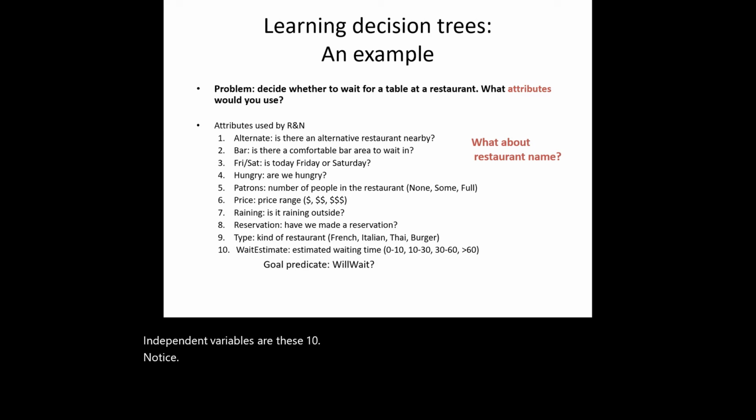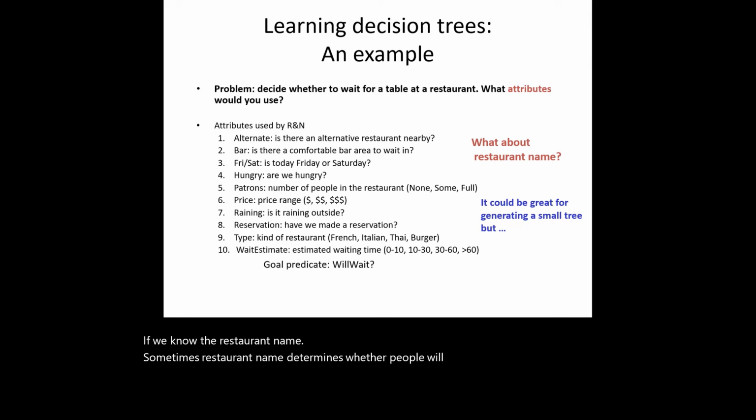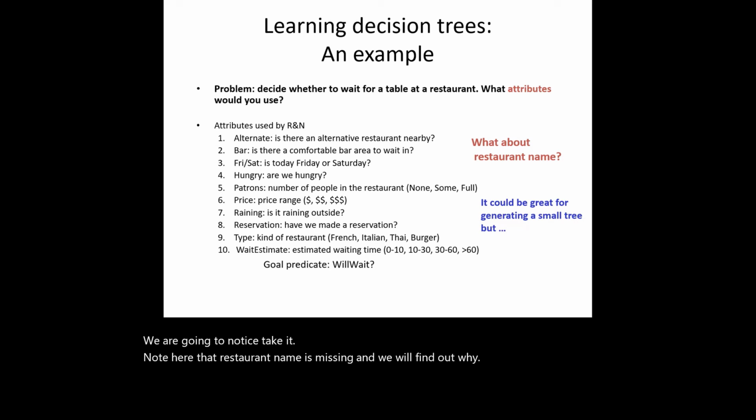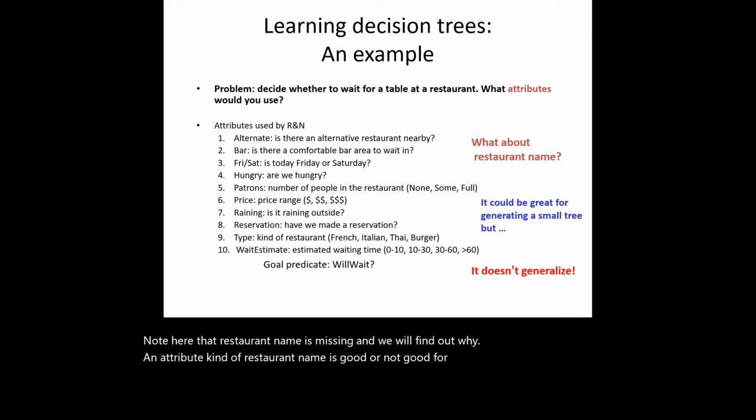Notice we don't have restaurant name in the independent variables. There could be many reasons. If we know the restaurant name, well, sometimes restaurant name determines whether people will stay or move on. If it's a so-so restaurant, people will just move on. But if it is someplace exotic, people would try to wait. So restaurant name will have some implications on the learning problem. We are going to take a note here that restaurant name is missing, and we will find out why an attribute like restaurant name is good or not good for learning problems.